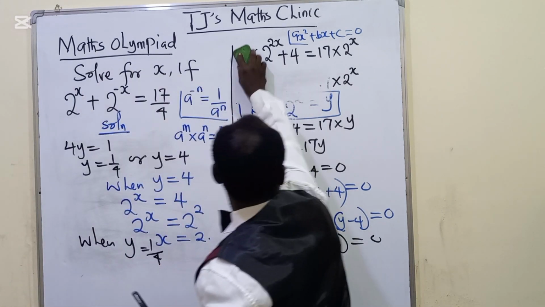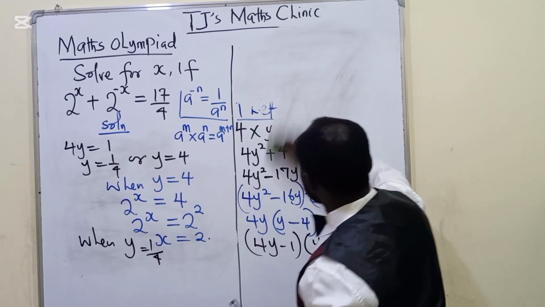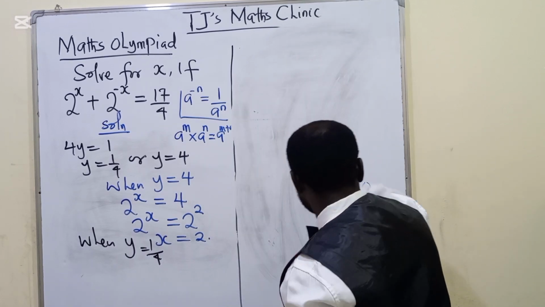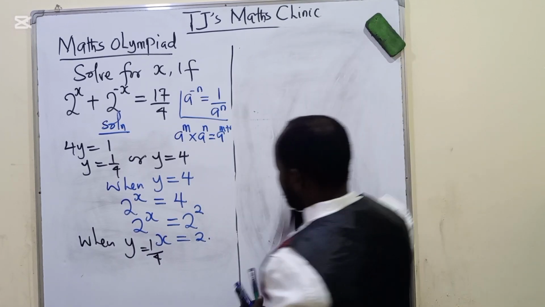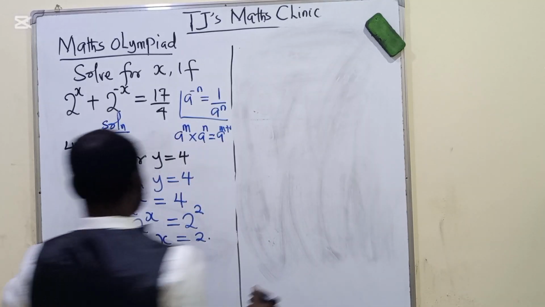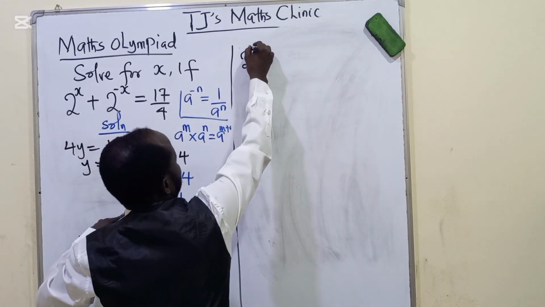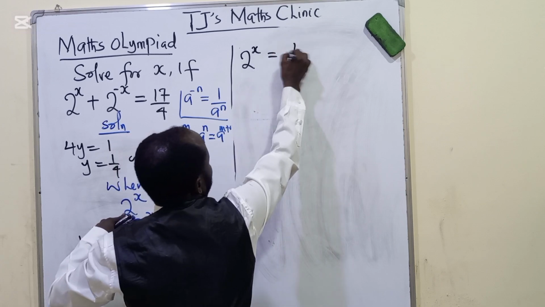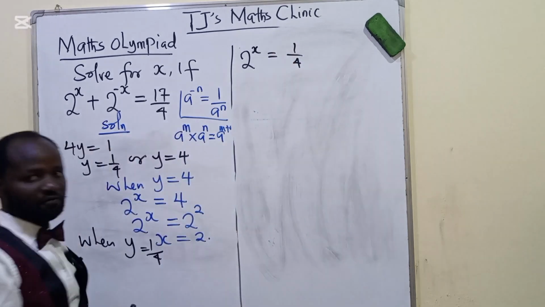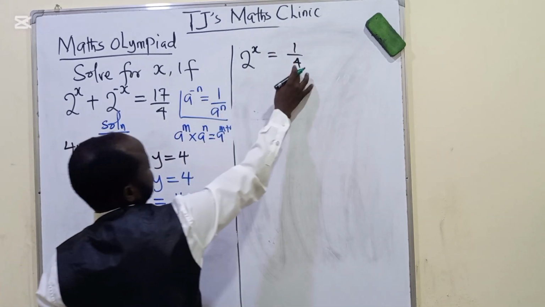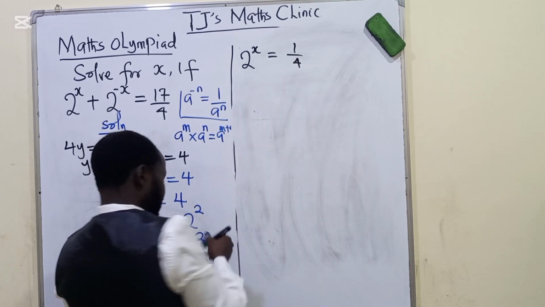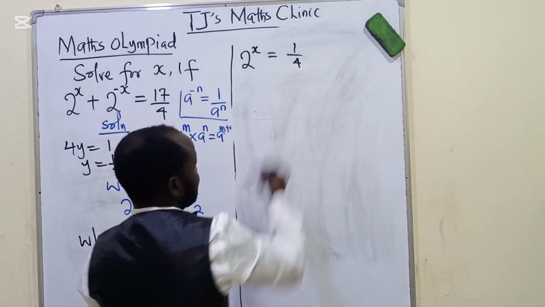So let's move here. Since we are almost through, permit me to clean here. It means we still substitute into that our assumption. So it will be 2 power x now equal to 1 over 4. We are looking for x. This 4, we can write using the negative law of indices at this point.